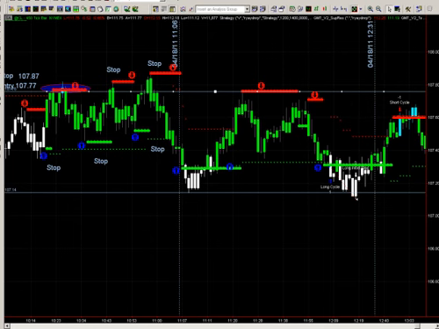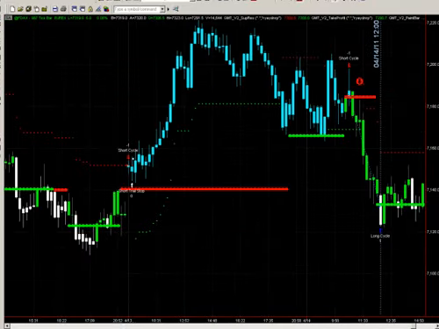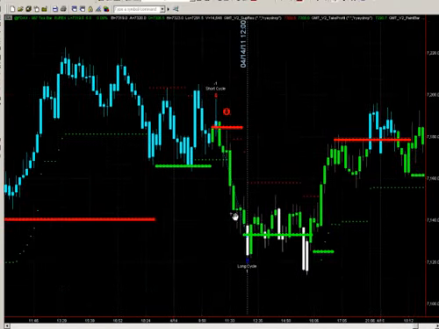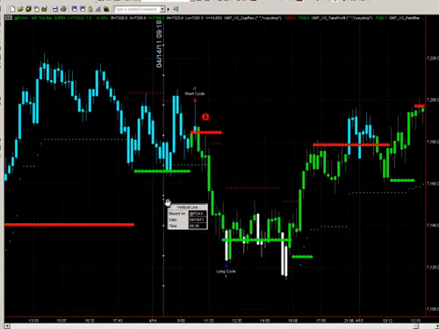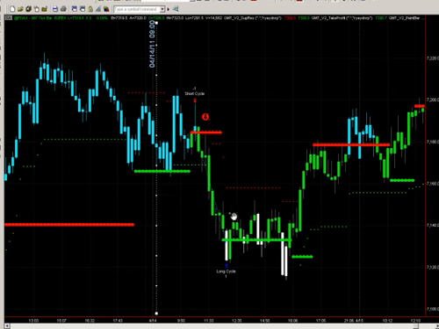So let's go to another example of this, and this is probably a better one to show because this is the DAX. Now the DAX session we trade from 9 o'clock till 12 o'clock, and then from basically 1900 to 2200.